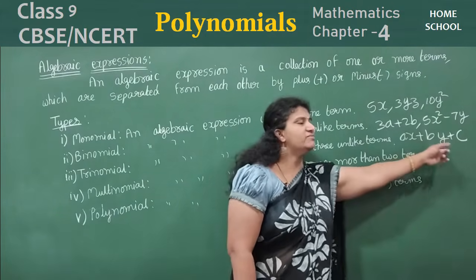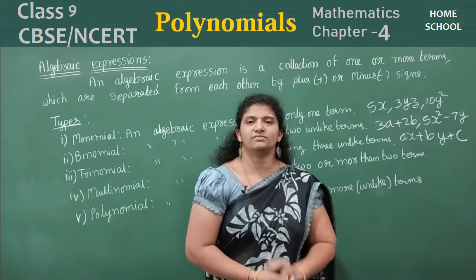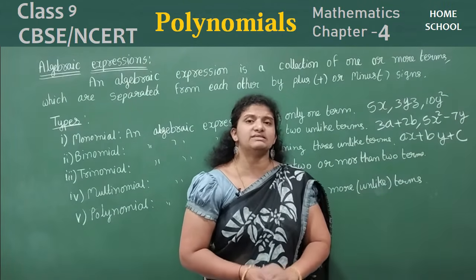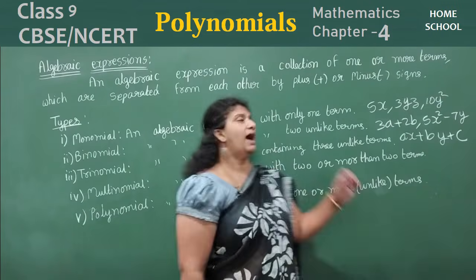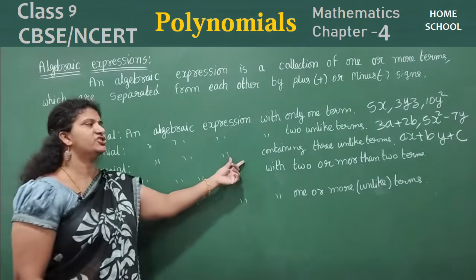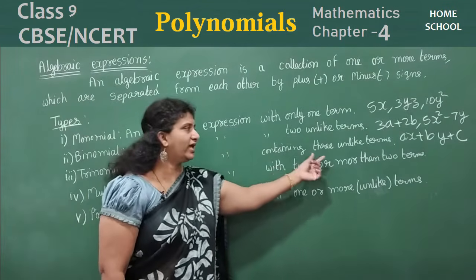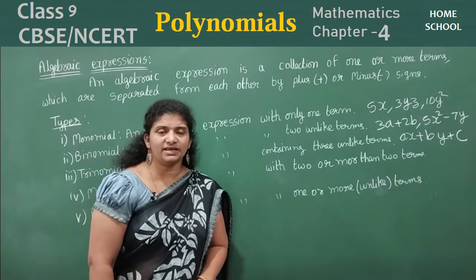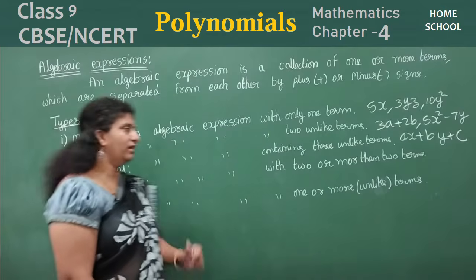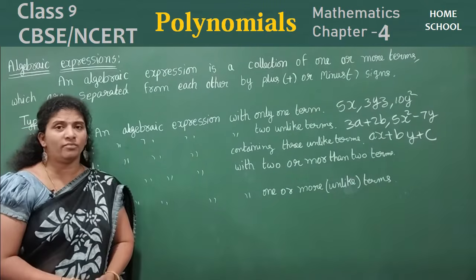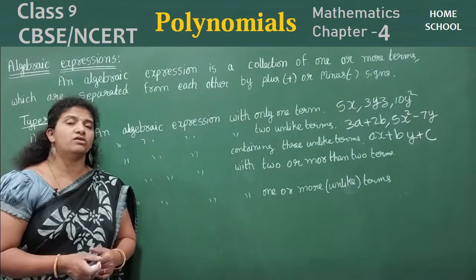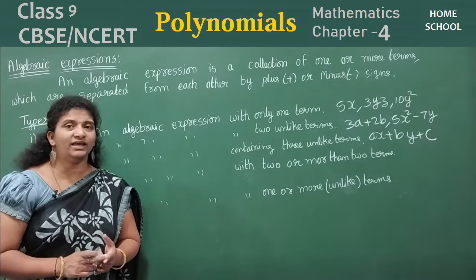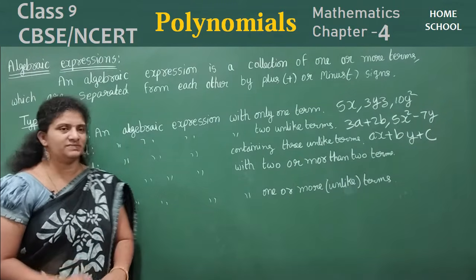So how many terms do you have here? Three terms. Three terms means it is a trinomial. An algebraic expression containing three unlike terms is called a trinomial. A trinomial is also a polynomial of having three terms.